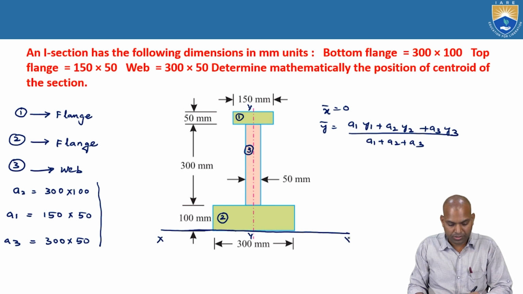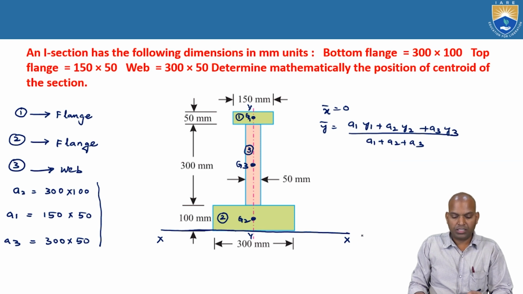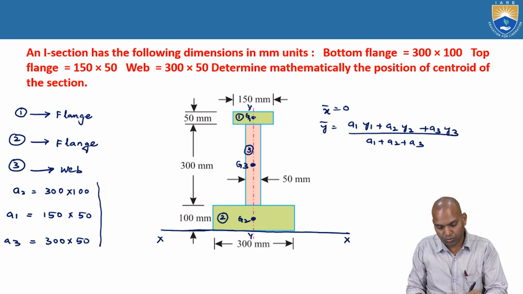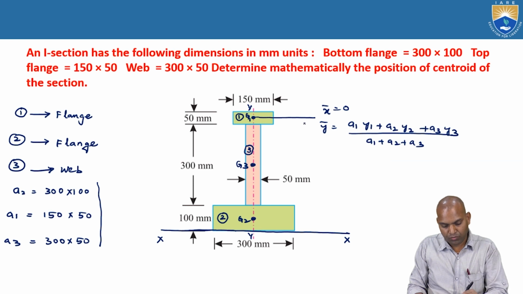G1 lies here, G2 and G3 lie somewhere in the middle. The distance from G1 to XX is known as Y1.